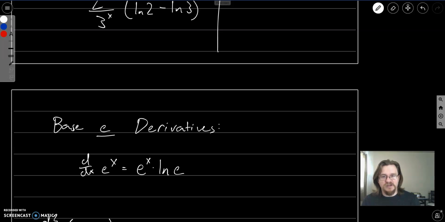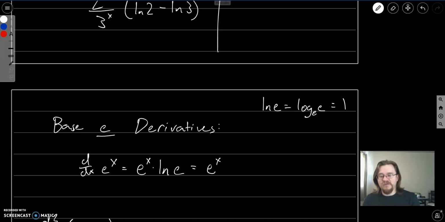But the natural log is the log base e. So if I want to take the natural log of e, this is the log base e of e. And now the question is, e raised to what power is e? Well, that's just e to the first power. So this natural log of e is just the same thing as 1.